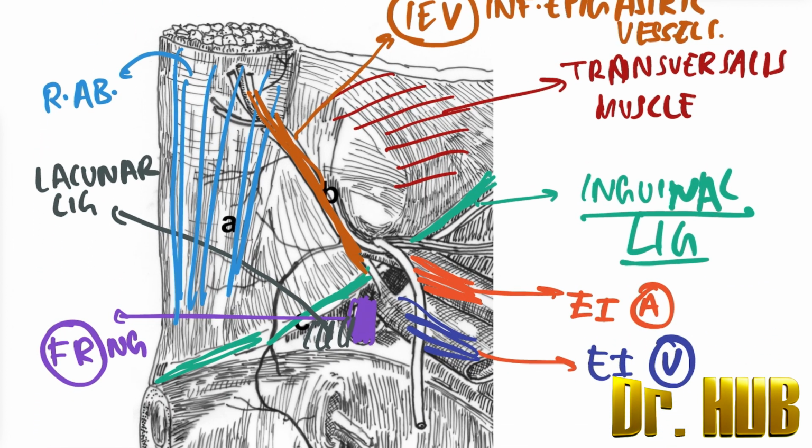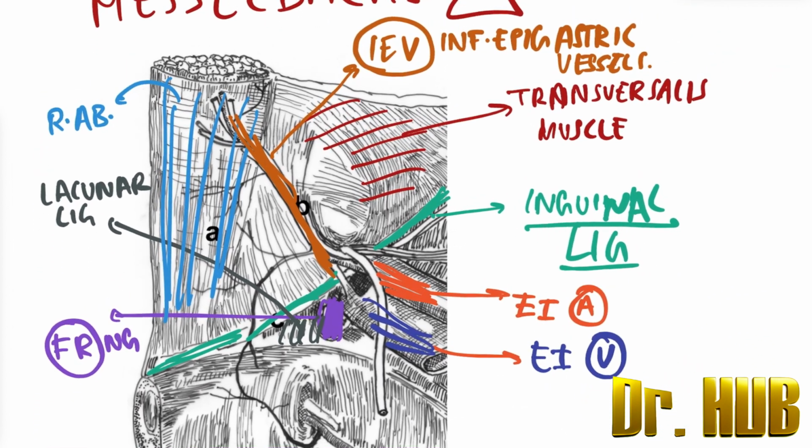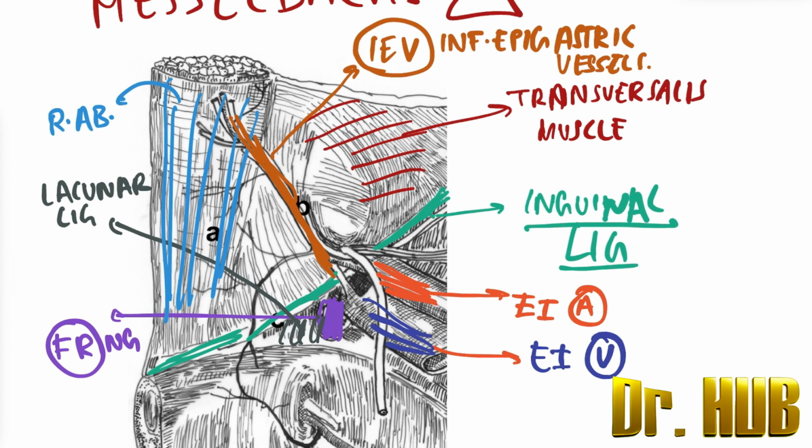So these are the main labelings which we need to know as we proceed ahead. So what is present laterally? Laterally there is the inferior epigastric artery.